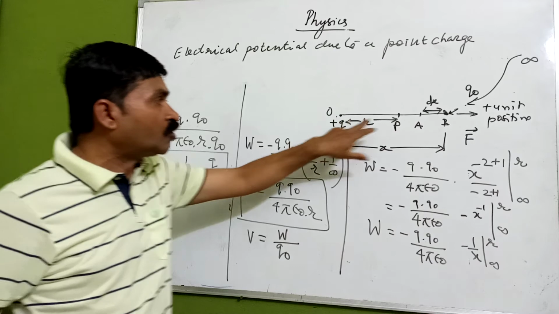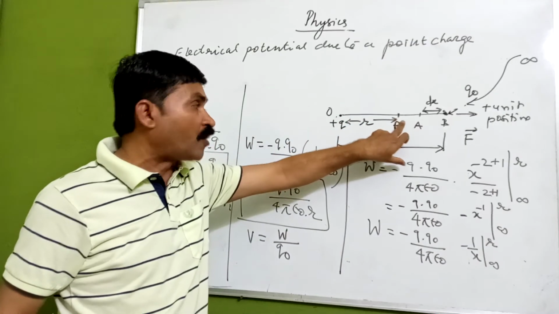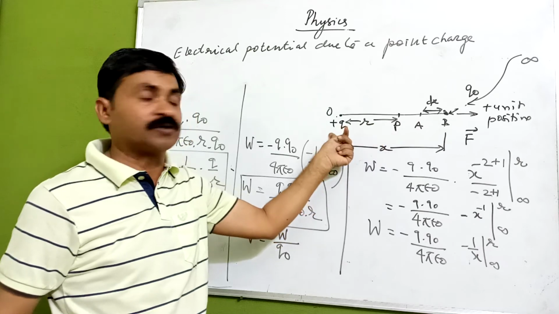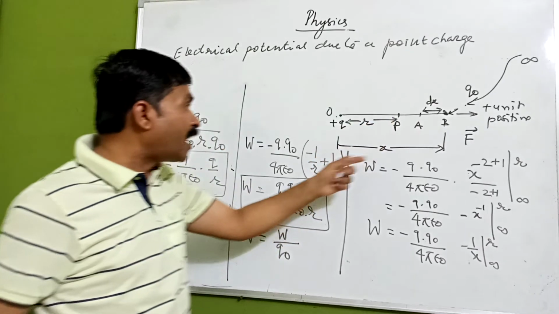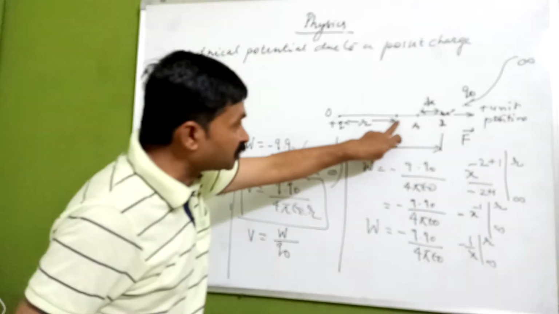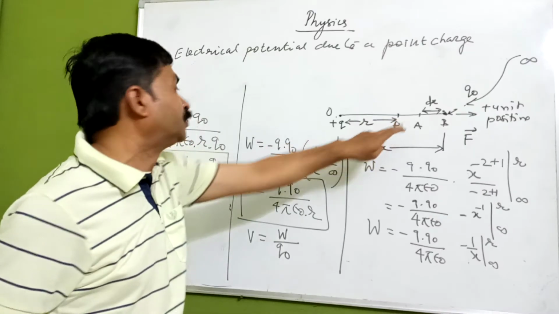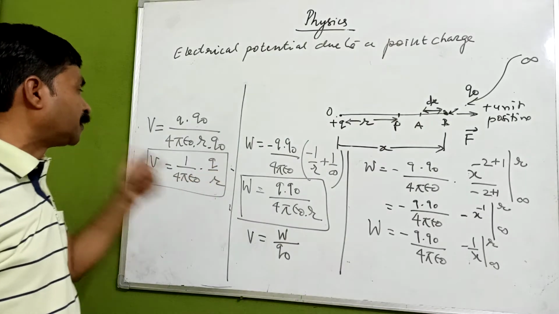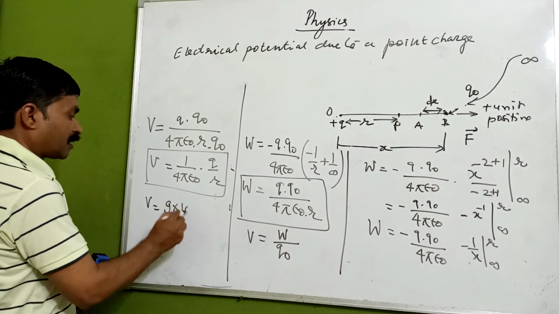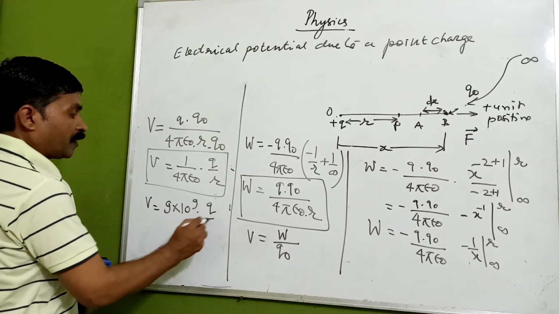If we want to know the electric potential at this point, which is at a distance of r, where a positive charge q is placed, how much electric potential is this charge giving here? It is giving you 1 upon 4 pi epsilon naught, which is 9 into 10 raised to the power 9, times q upon r.